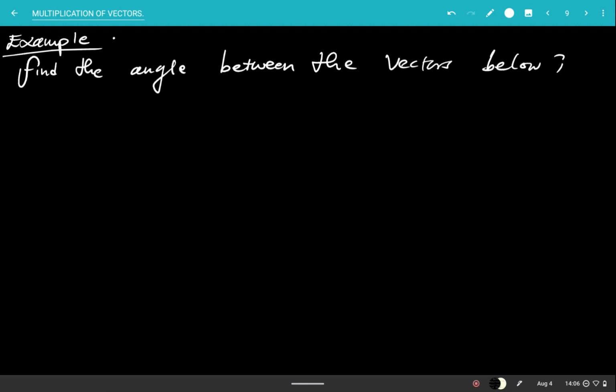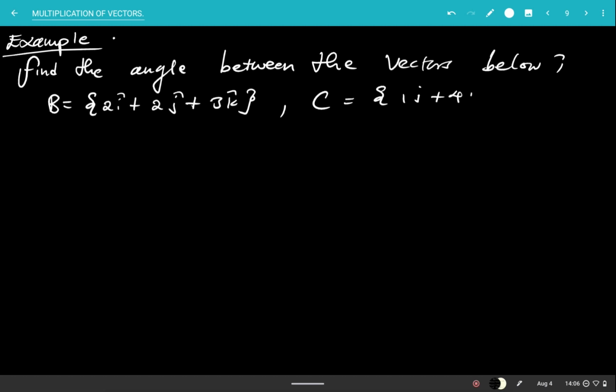We have vector B, which is 2 in the I plus 2 in the J plus 3 in the K. I'm using the same vector that I used in the previous example when we were doing the dot product. Then C is 1 in the I plus 4 in the J minus 2 in the K.